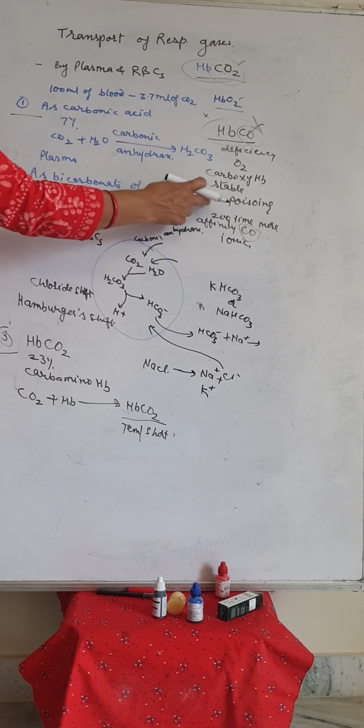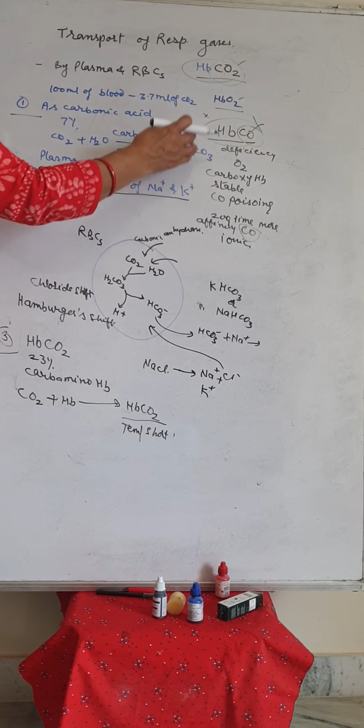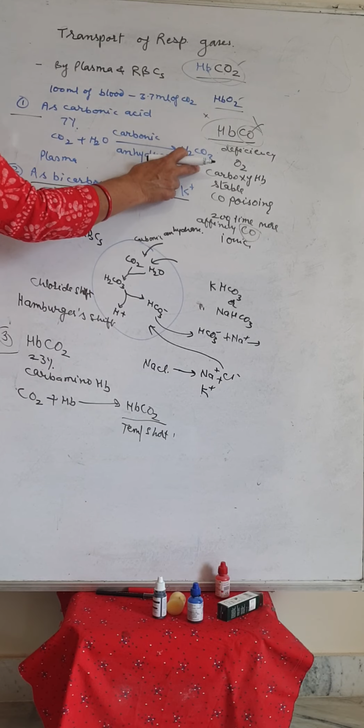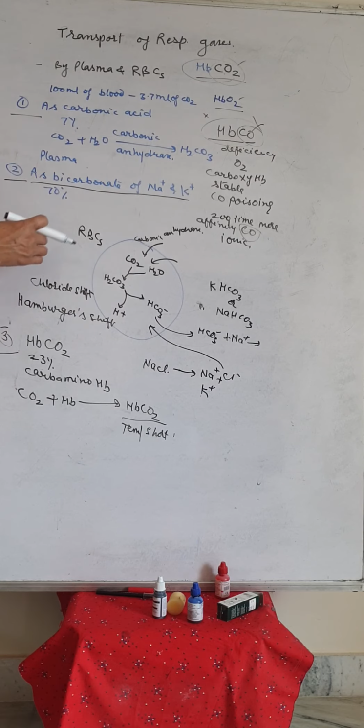That's why it is called carbon monoxide poisoning. Suffocation occurs due to non-transport of oxygen, and the person can die. Now we will discuss the oxygen dissociation curve in the next video.